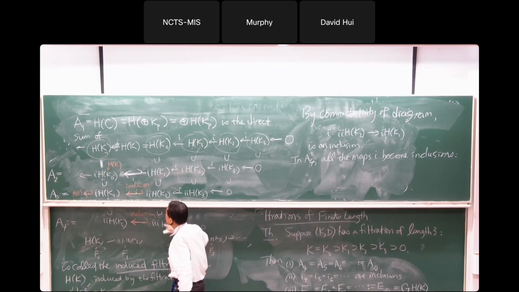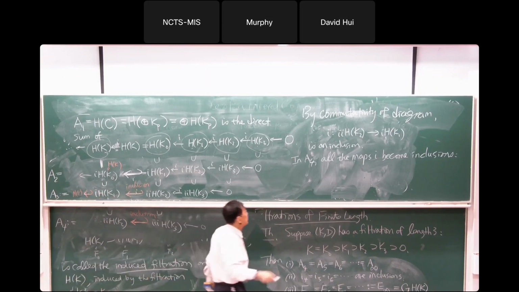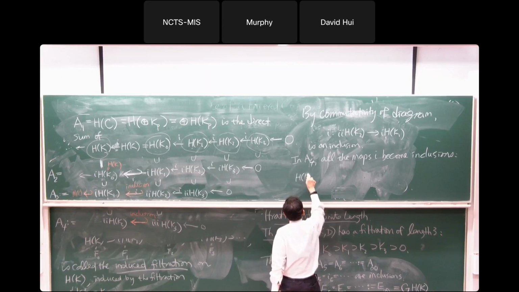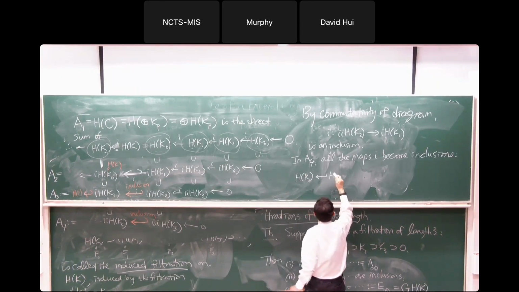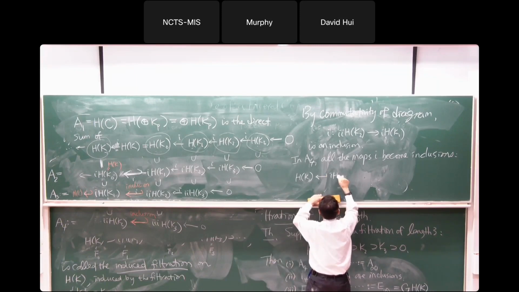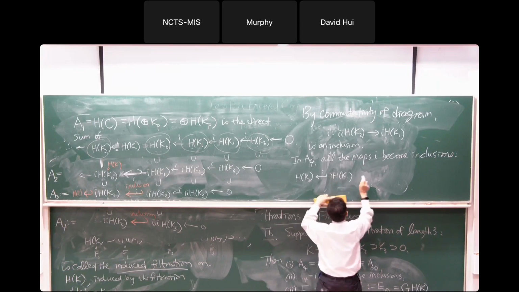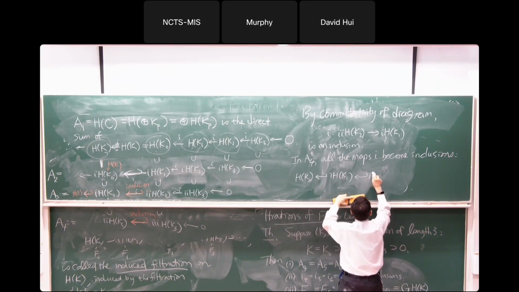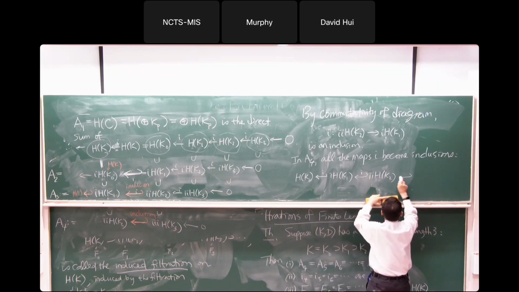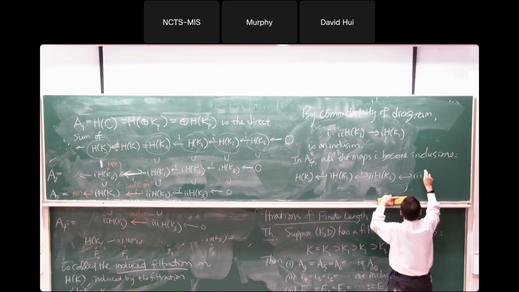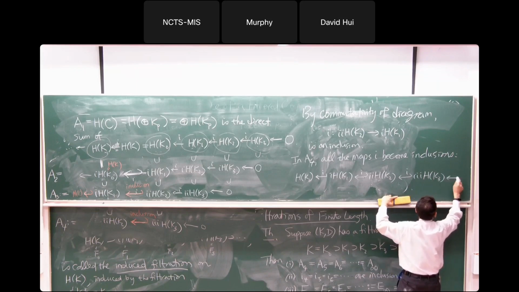So in A4, then you have H of K, and then IHK1, that's an inclusion, and then I squared HK2, inclusion, I cubed HK3 as an inclusion.